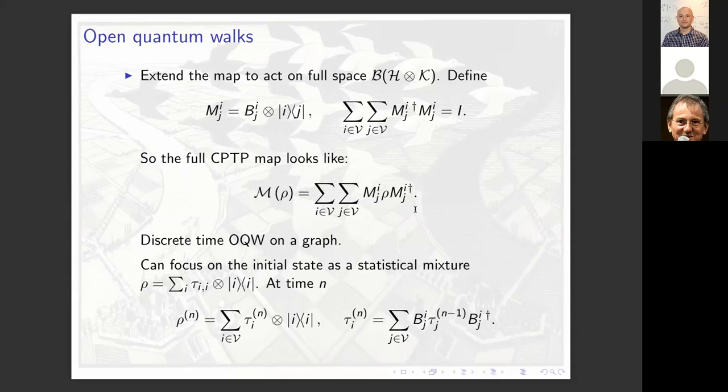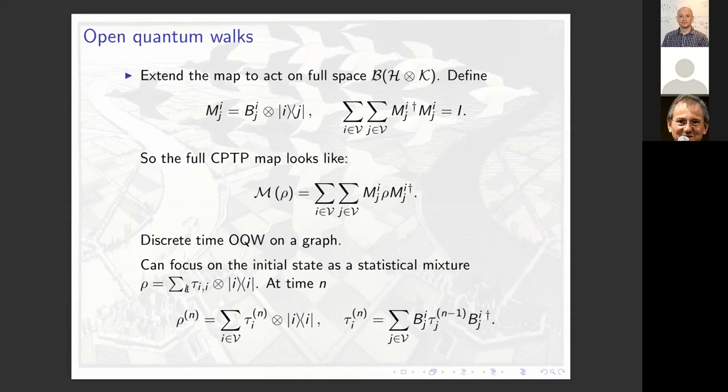Now, as far as the initial state is concerned, we can restrict our attention to this form for an initial state. This is some sort of statistical mixture between the different positions on the graph, and you'll notice that there's no mixing between the different positions on the graph. If you wanted to, you could choose an initial state where there is some mixing going on.